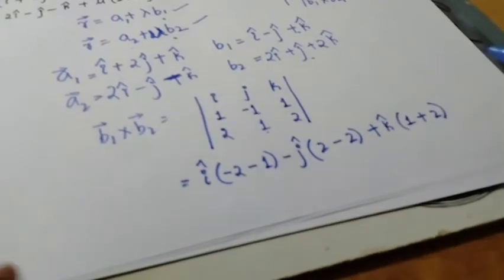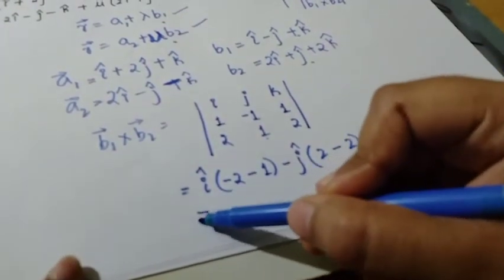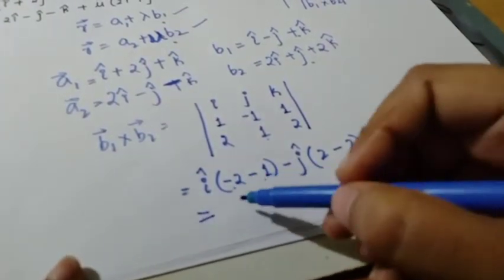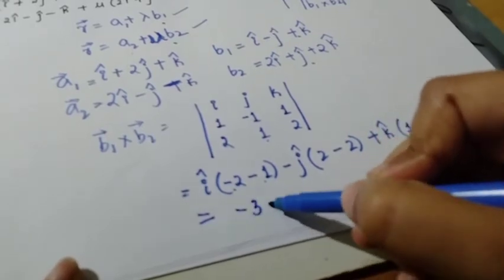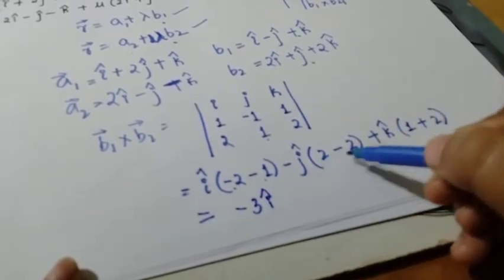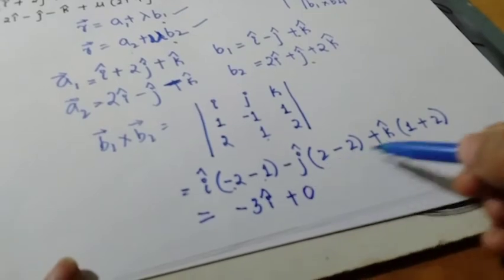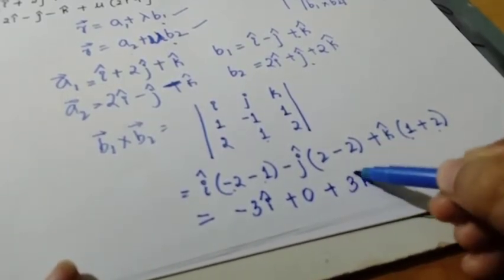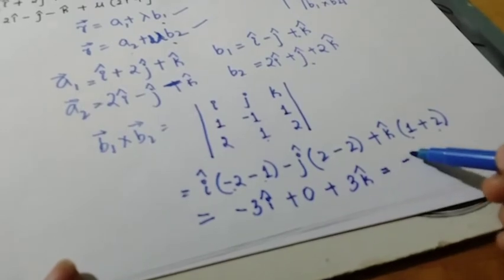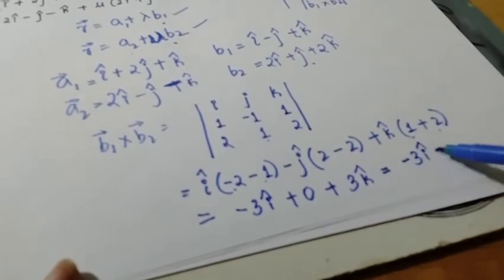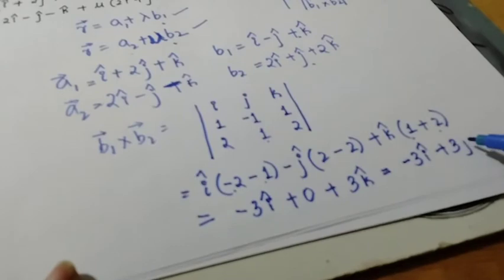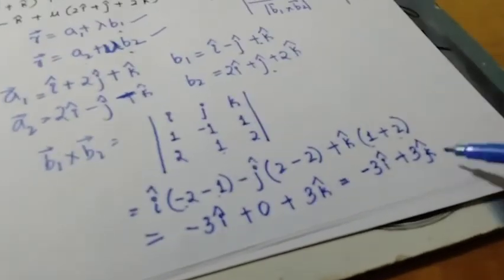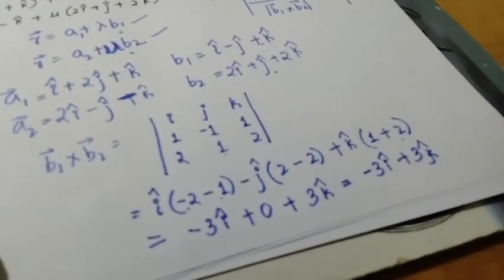Solving the determinant, you get minus 1 minus 2, which is minus 3 times i. 2 minus 2 is 0. 1 plus 2 is 3, 3 times k cap. So you get the answer minus 3i plus 3k. So this is B1 cross B2.